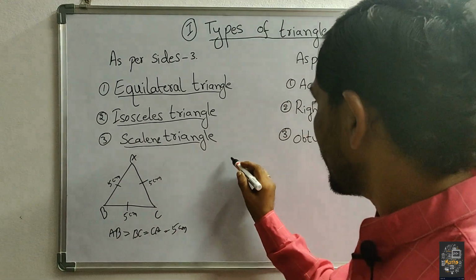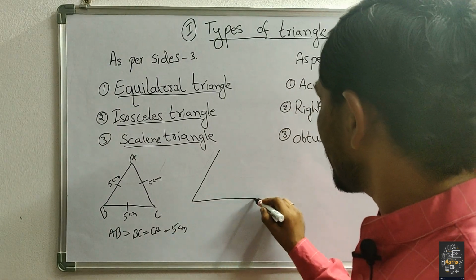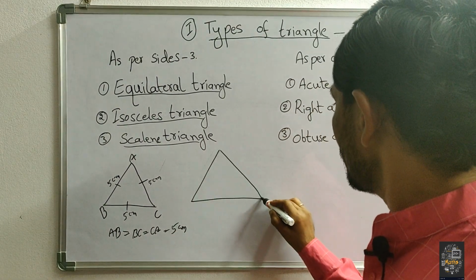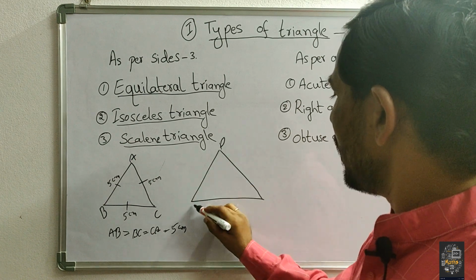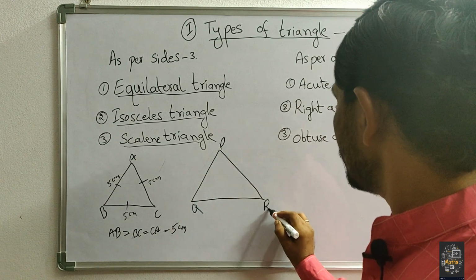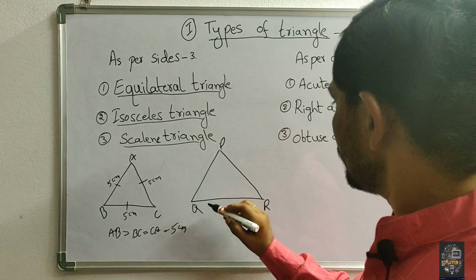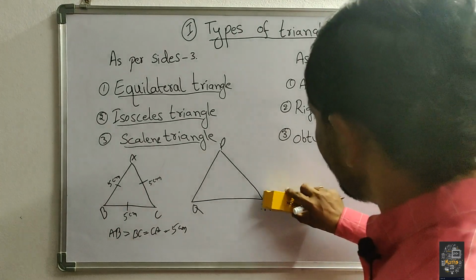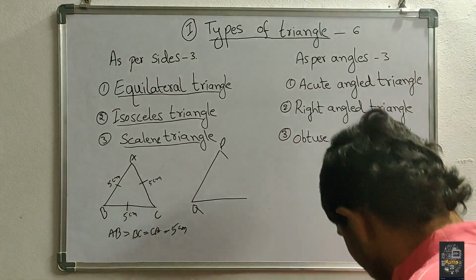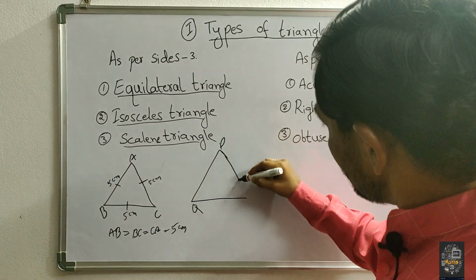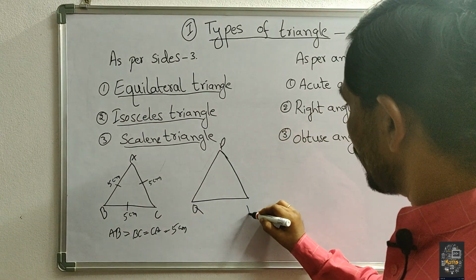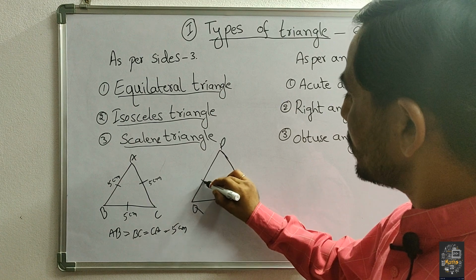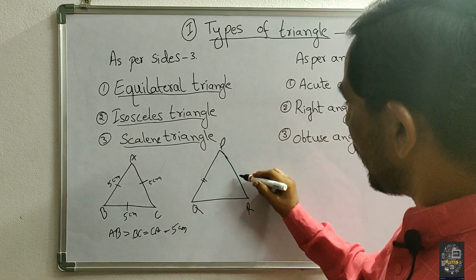Okay, I will take the diagram. This is a triangle. Here I am taking P, Q, R. This is triangle PQR. So PQ side is equal to PR side.